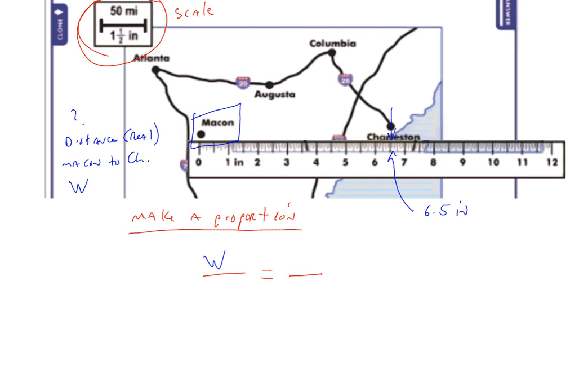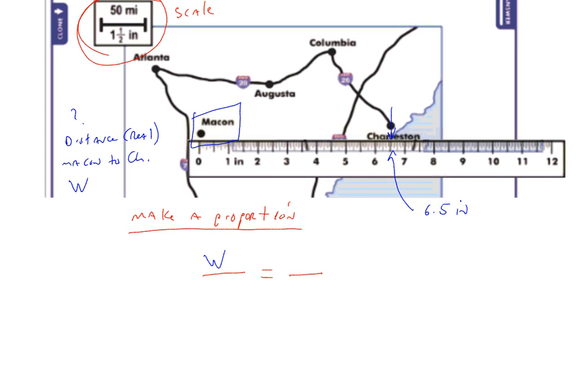Okay. Now, you got to go back to proportions, and you have to remember there are two methodologies in solving a proportion. Don't put this part in your notes. Let me just try to refresh your memory. You either need to make the W, the distance from Macon to Charleston, go with, don't do anything yet, its associated value in the bottom, and then you know what to put on the right-hand fraction.